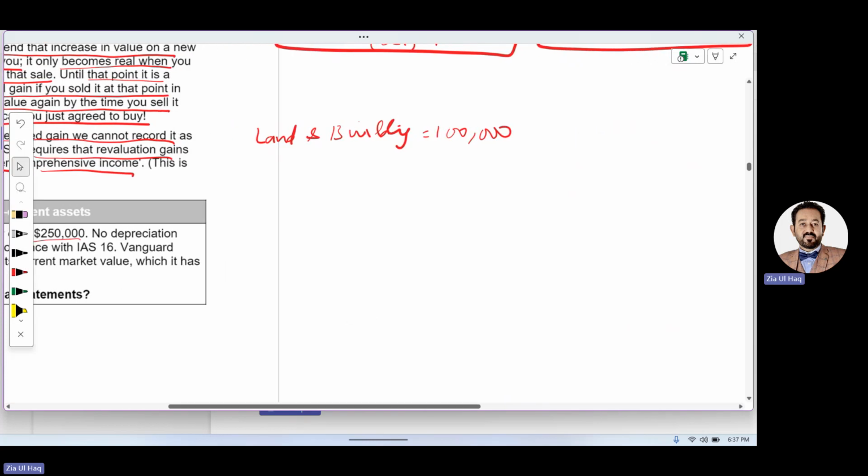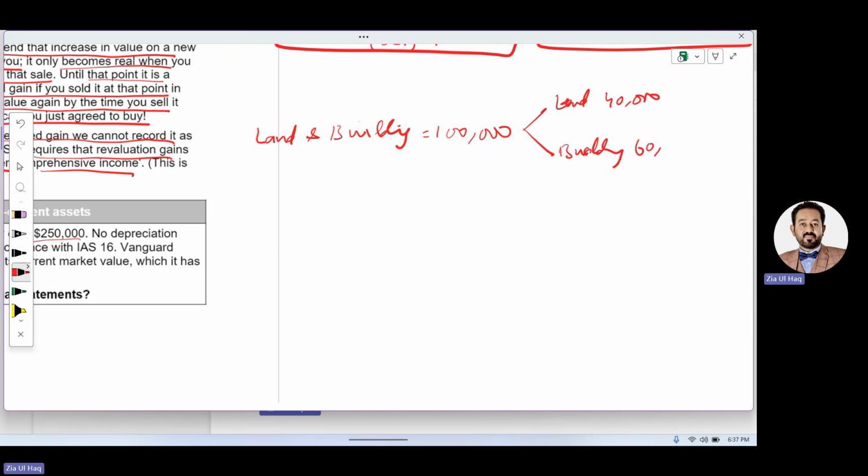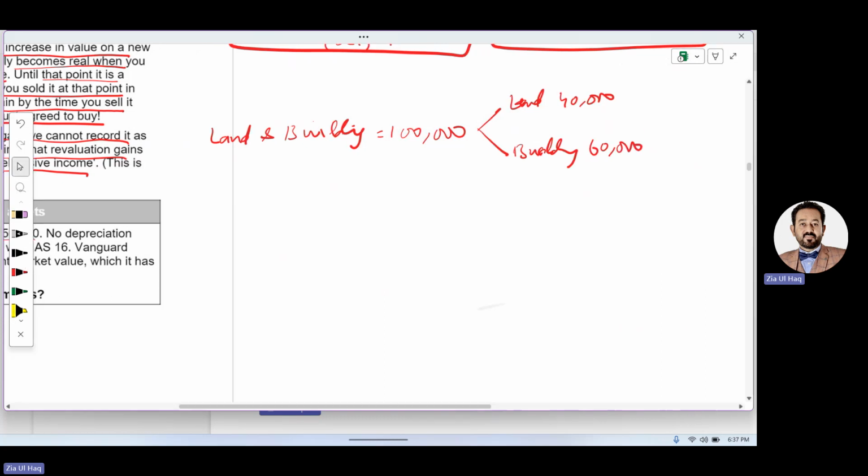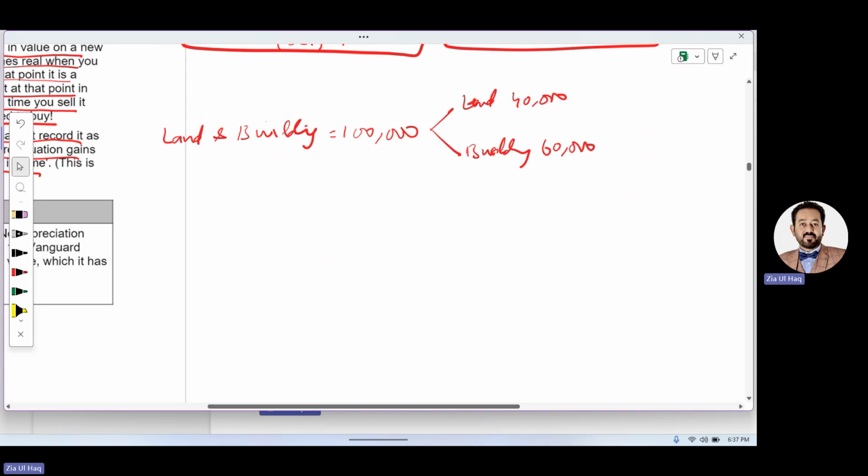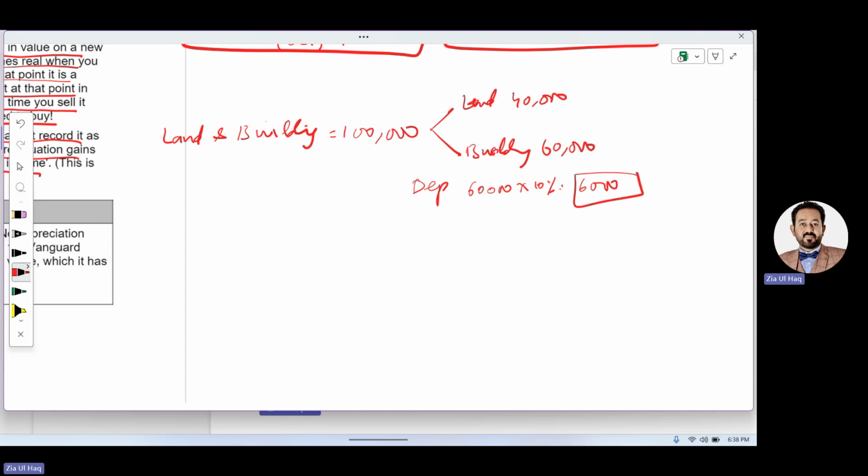If we can differentiate the amount of land and the amount of building, suppose the land value is 40,000 and the building value is 60,000, and 10% is the depreciation rate, we will depreciate only the building part. Depreciation will be 60,000 into 10%, how much? 6,000. Land part we will not depreciate.